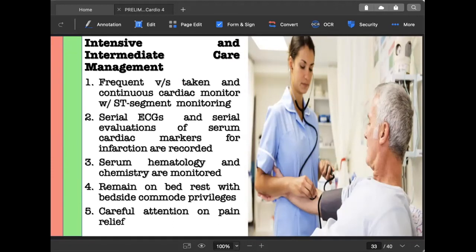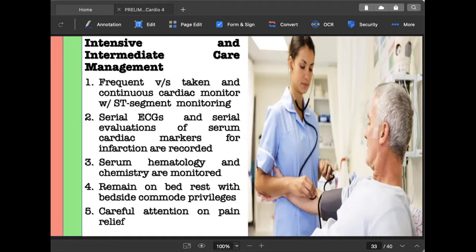Intermediate care management: frequent vital signs taken and continuous cardiac monitor with ST segment monitoring, serial ECG, and serial evaluation of your serum cardiac markers for infarctions are being recorded. Serum hematology and chemistry, remain on bed rest, careful attention on pain and relief. So we should always be attending to our patients whenever they are confined with this kind of therapy.